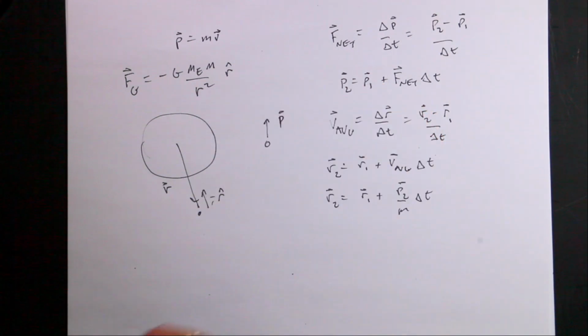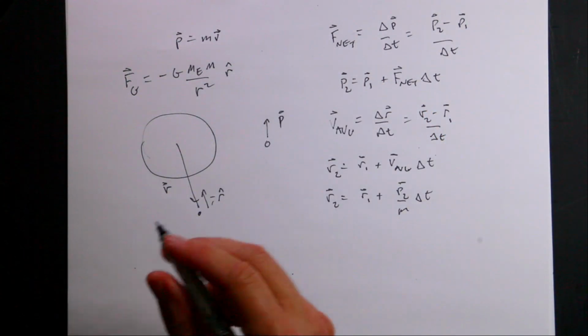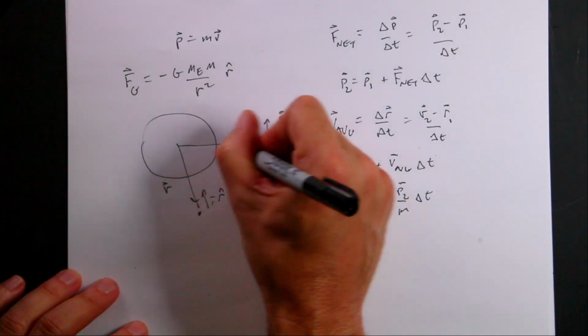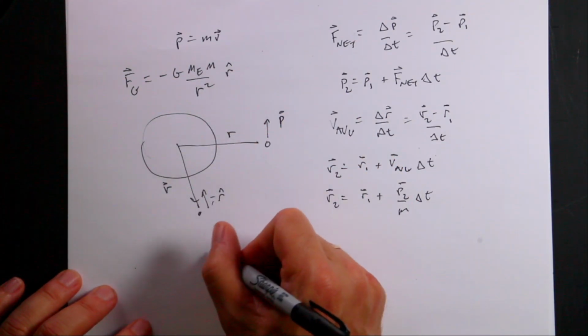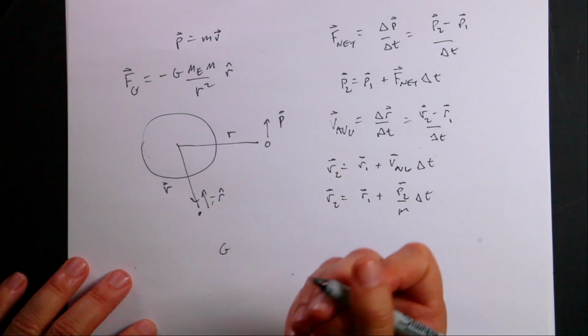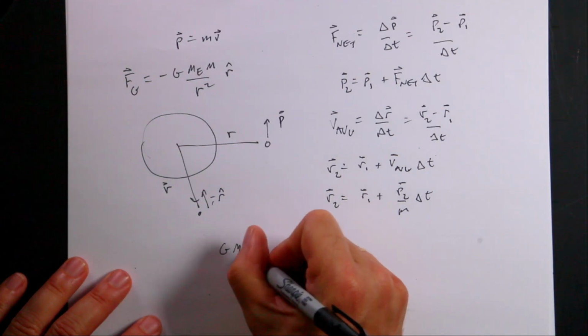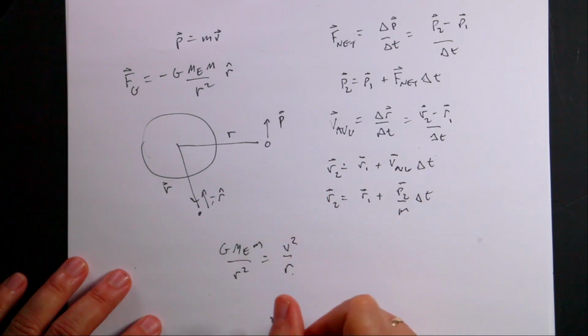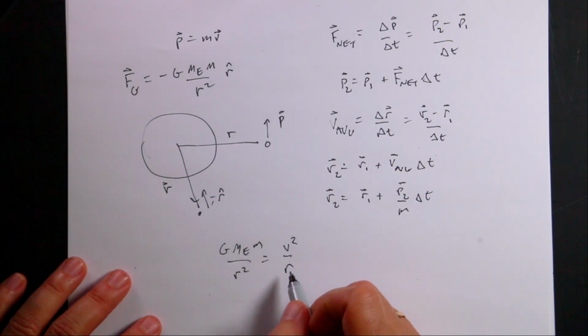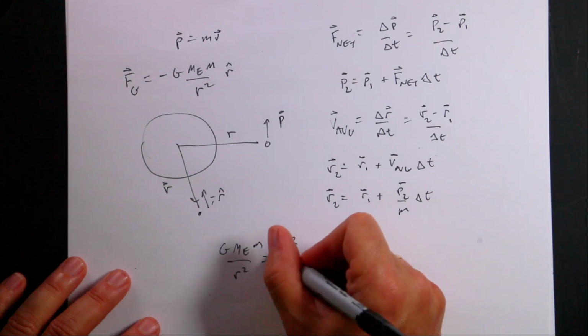Okay. Now, one of the other things that we need to do is to find the initial velocity. So if I have this as my r value, I need to find the velocity. So just like I did before, I had the gravitational force. I'm just using a scalar here. G mass of the Earth, m over r squared equals v squared over r. Because I don't want the angular velocity, I want the actual velocity. So that cancels m.